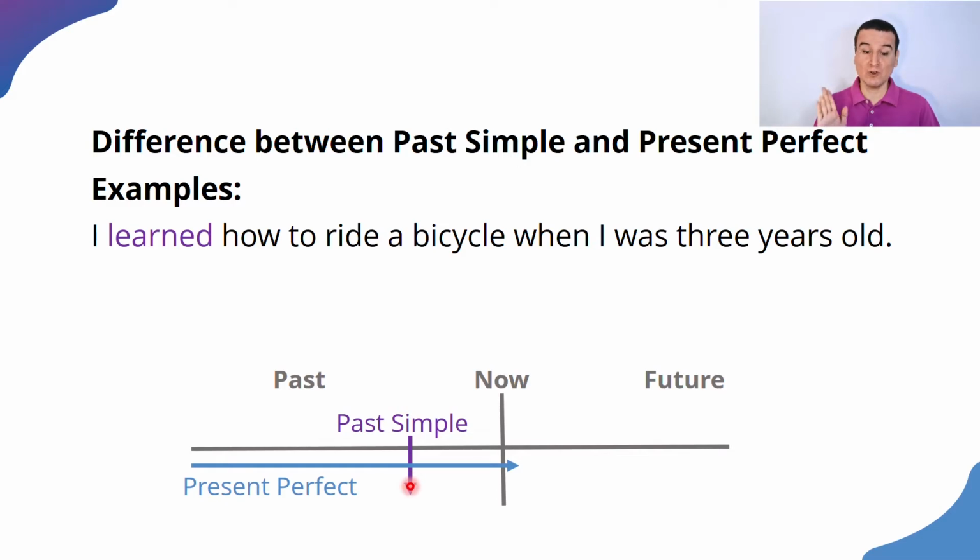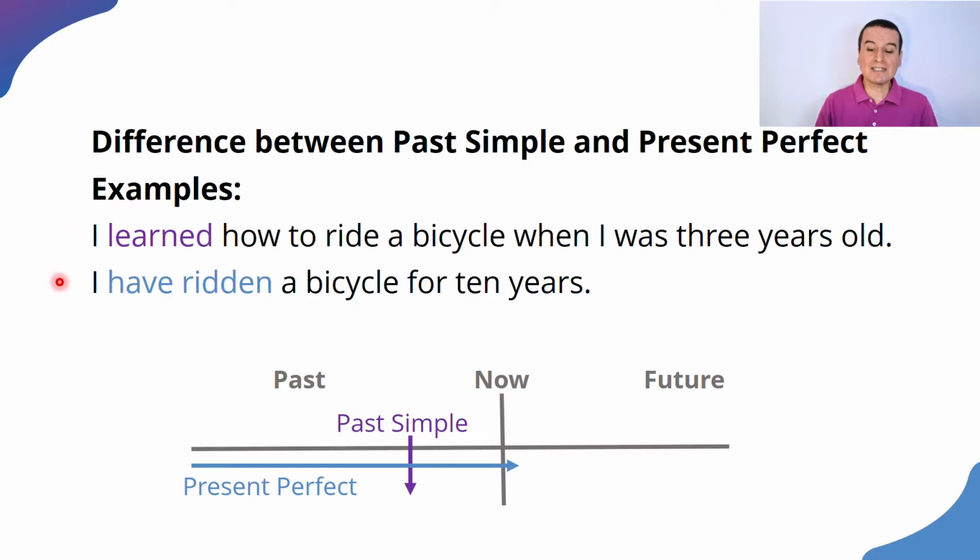I learned. But if I mention the fact that I have ridden a bicycle for 10 years, it means that I have known how to ride a bicycle during all that extended period of time that started in the past and continues until now. I am using for that the present perfect.